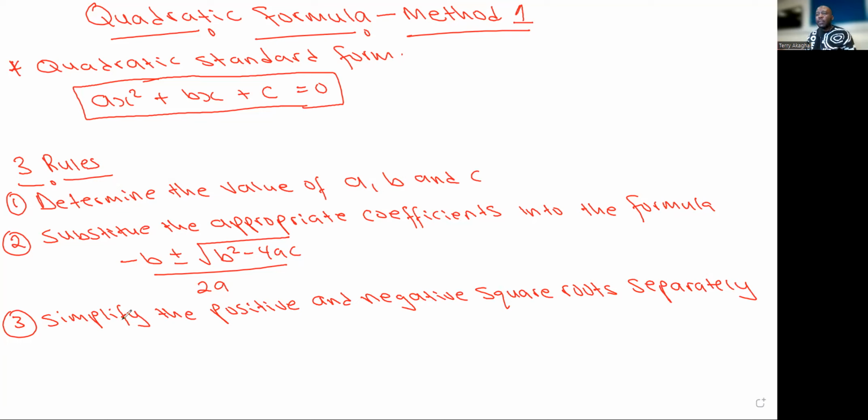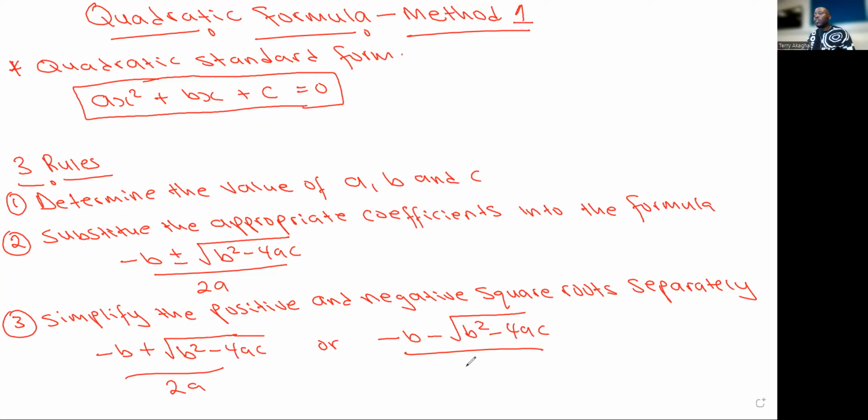So you have to separate it. So it's going to be minus b plus square root of b squared minus 4ac divided by 2a, or at the same time, minus b minus square root of b squared minus 4ac divided by 2a.